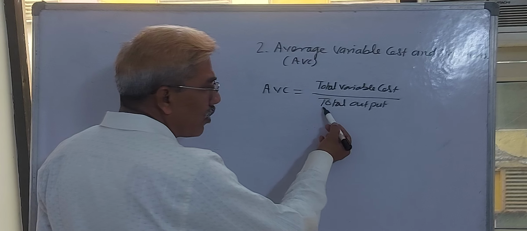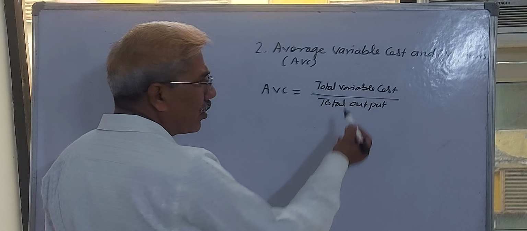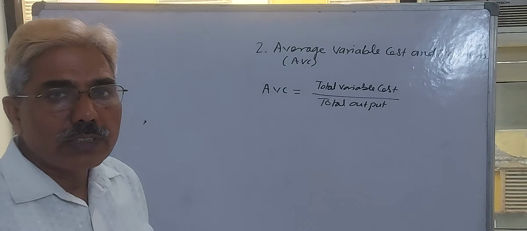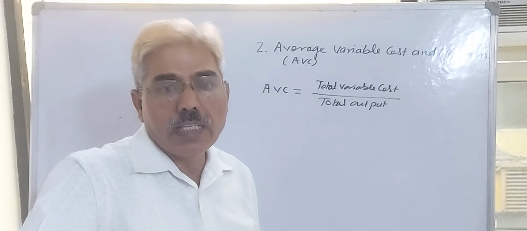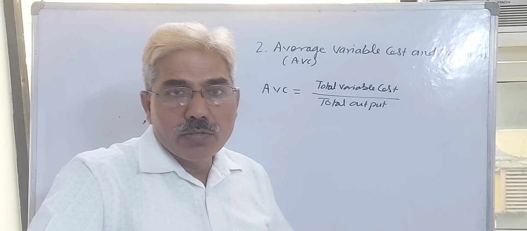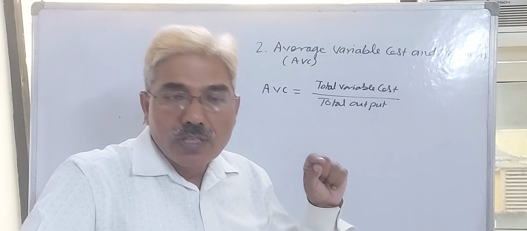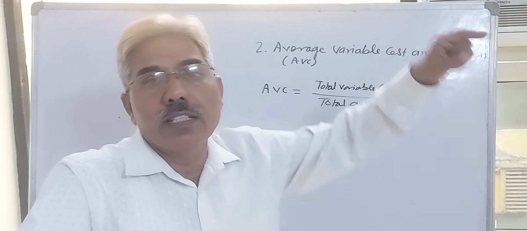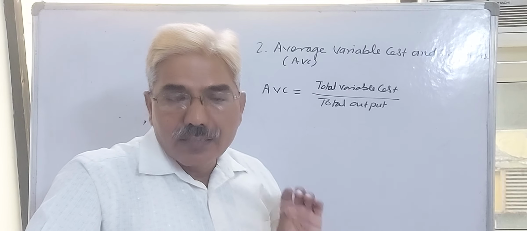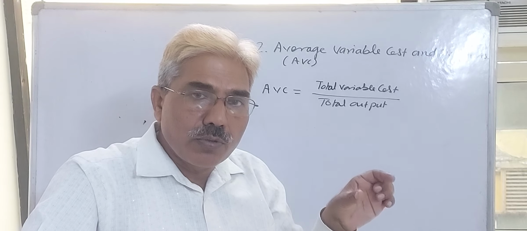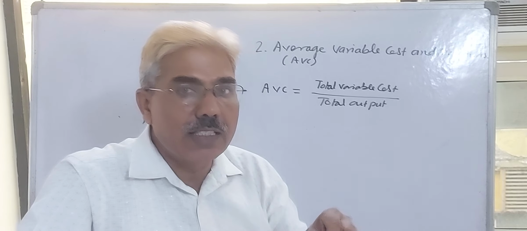As output increases, first the average variable cost decreases. Why? Think sharply. Because each additional unit of labor increases output at an increasing rate. That is why per unit variable cost is decreasing.